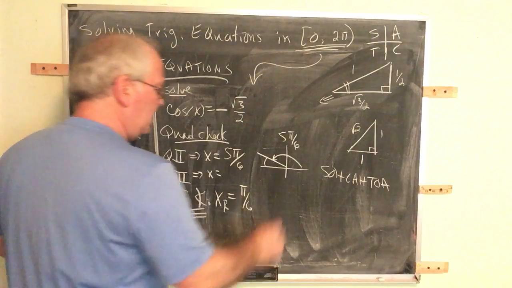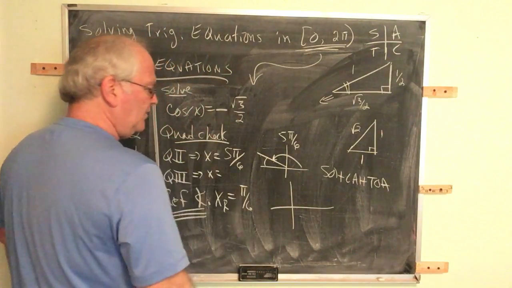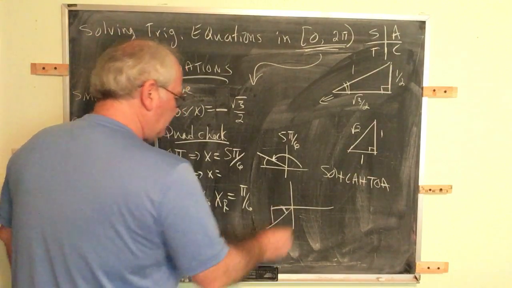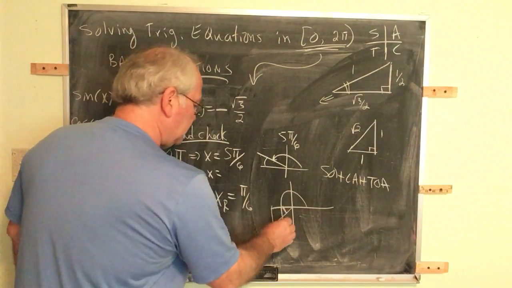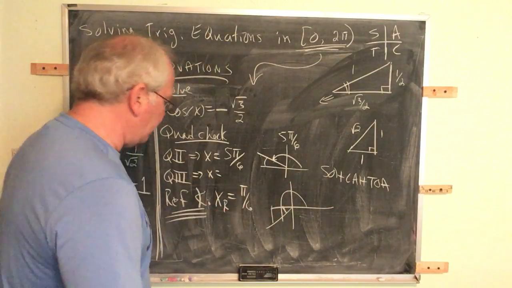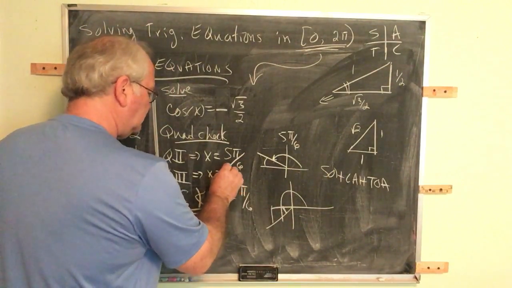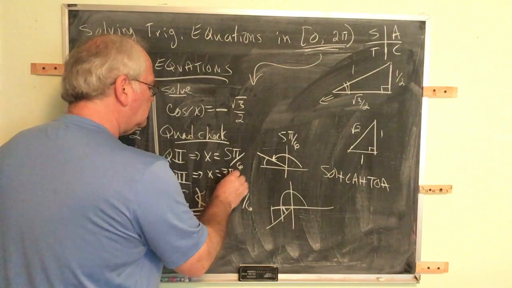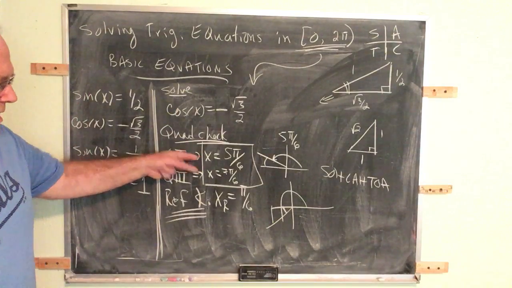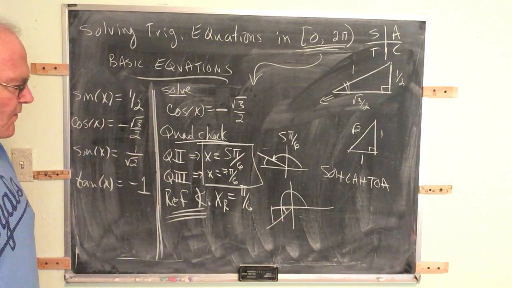And the quadrant 3 solution is here, right? So that's pi over 6 past pi. What is this? This is 1/6 plus 6/6. That's 7 pi over 6. So that tells us the solutions we're looking for.